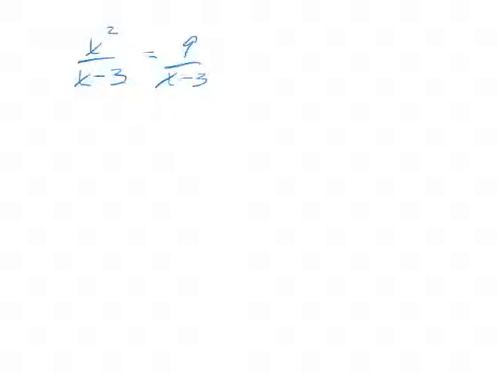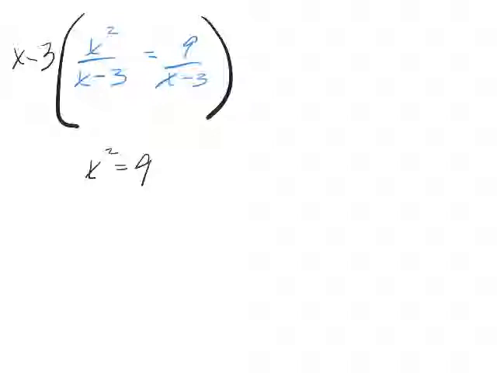But what I would do with this one is multiply the entire thing by x minus 3, and that will take care of my x minus 3's, so it will get rid of them completely, and I end up getting x squared equals 9. So x equals plus or minus the square root of 9, which is plus or minus 3. So the possible solutions are a positive 3 and a negative 3.